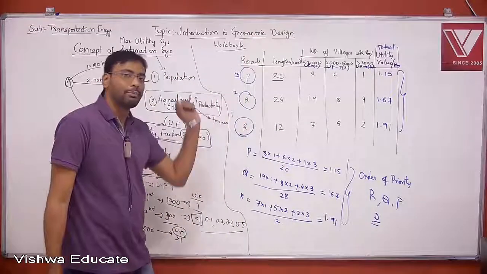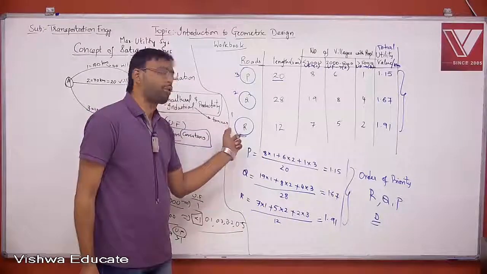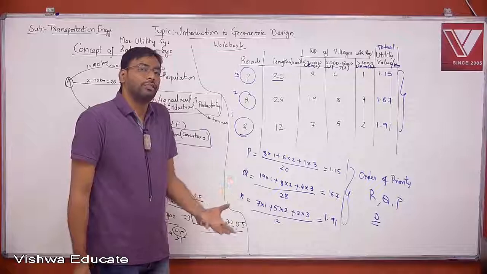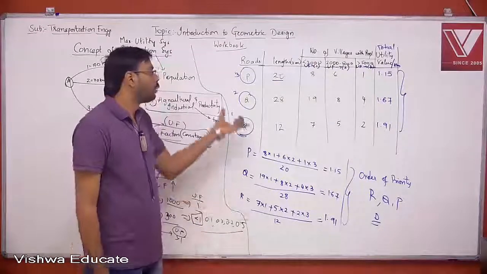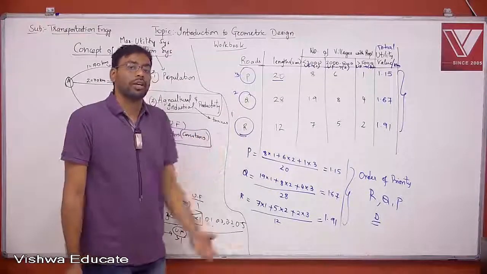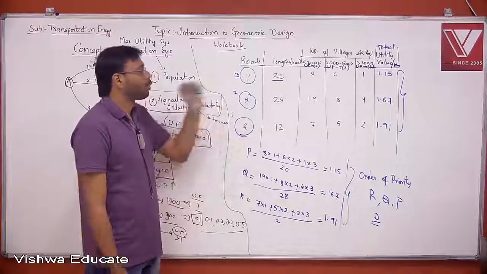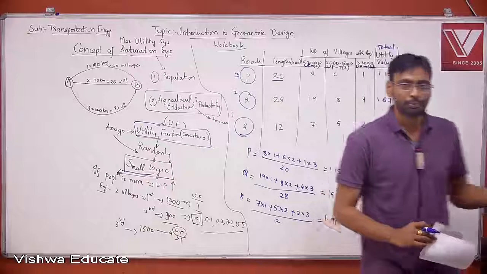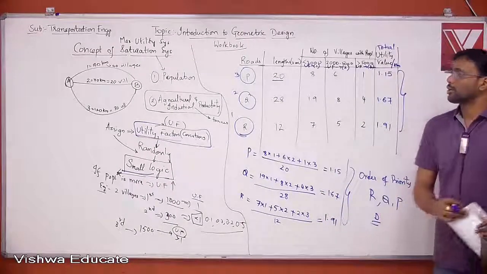So I go with road R first. If I get some more funding, I will go with route Q. And if I get some extra funding, I go for route P. So you can note down this problem as well as that concept.